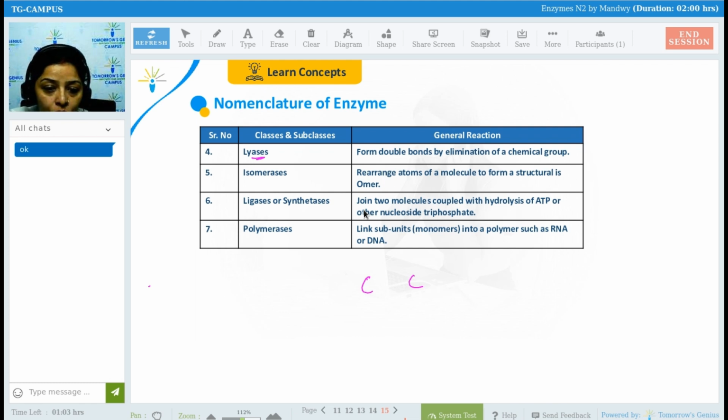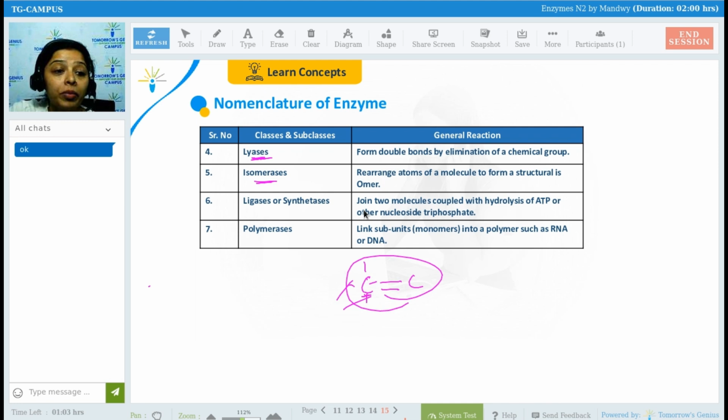So carbon has the ability to bind with four, right? So if you remove any R or any H from this carbon to make it stabilize, this carbon will form a double bond with the adjacent carbon, right? So this type of reaction is done by the lyases.